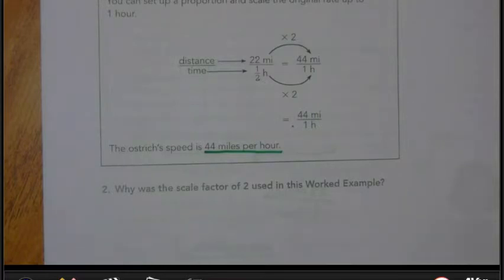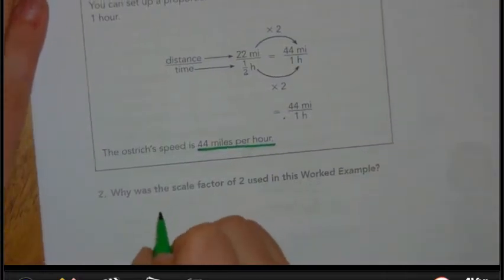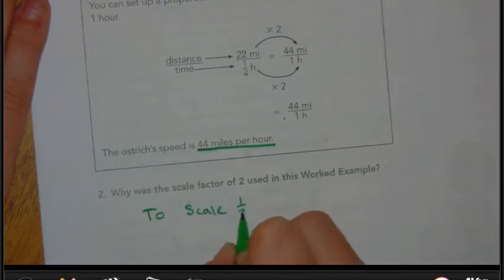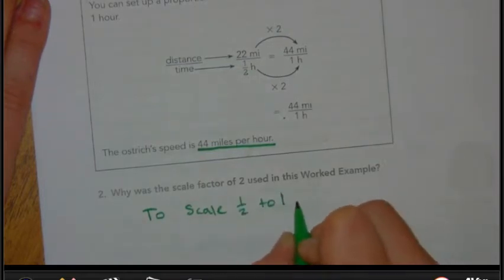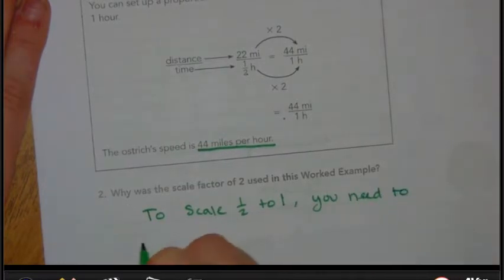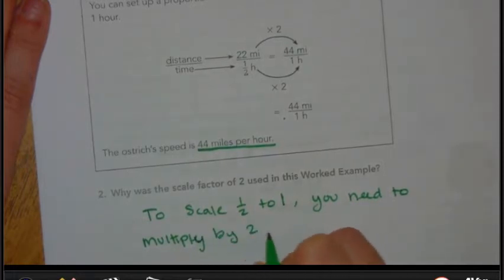Why was the scale factor of 2 used in this worked example? And the reason for this is to scale 1/2 to 1, you need to multiply by 2.